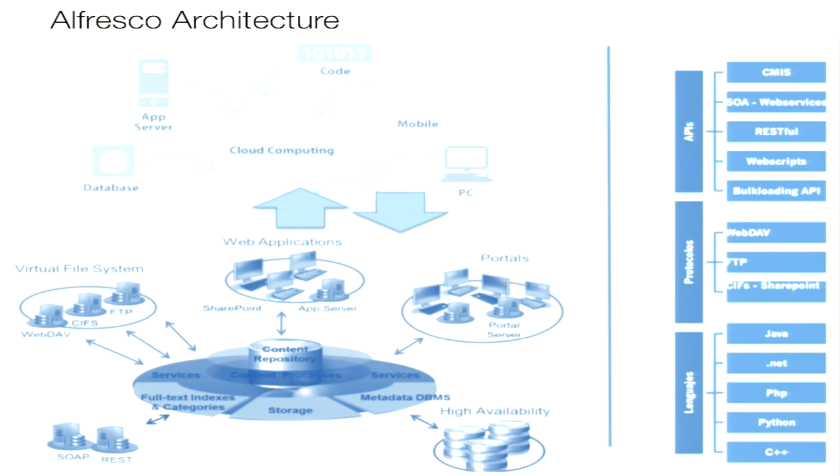So this is an overall picture of the system of technologies that can go into making up an Alfresco deployment and some of the things that are possible. At the heart of this, we've got the core Alfresco repository, which is the hub of our content and our metadata.